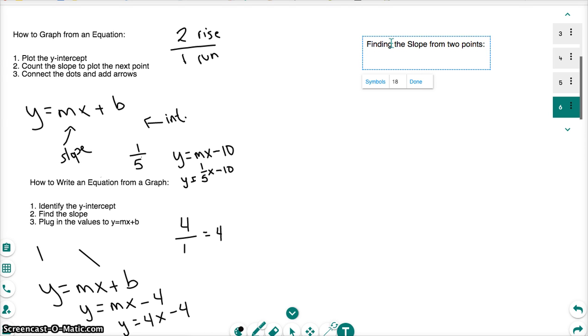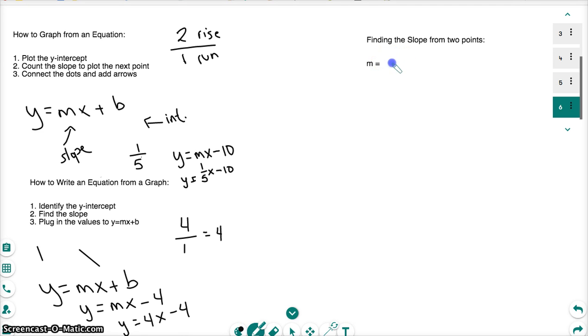Remember, that was the formula, m equals y2 minus y1 over x2 minus x1. So when you have 2 coordinates and no other information, no graph or anything, this is what you do. You use your 2 coordinates to solve.